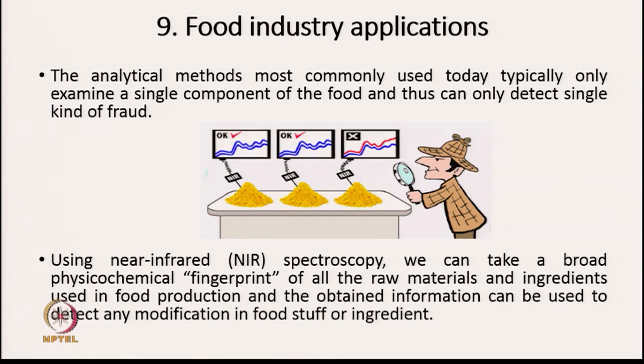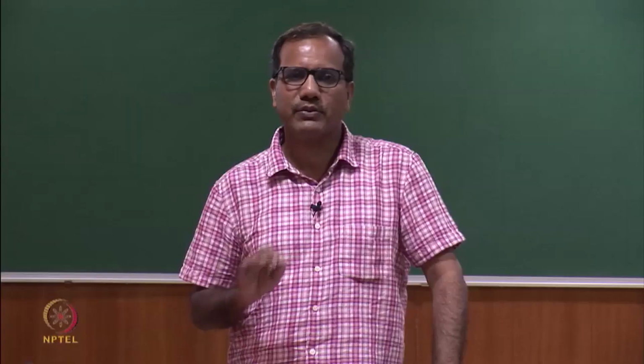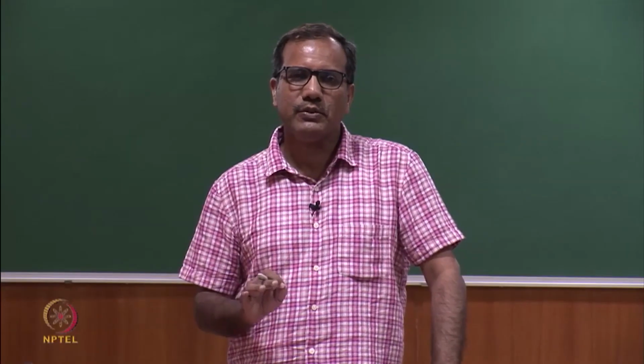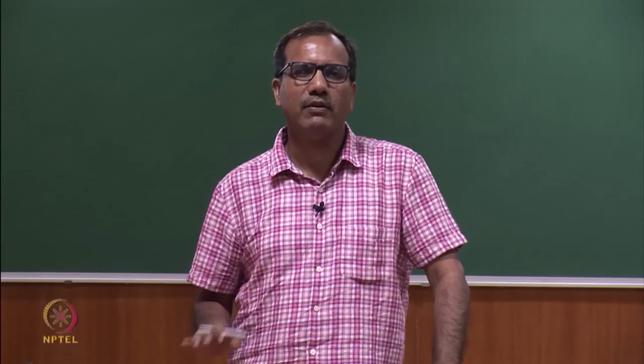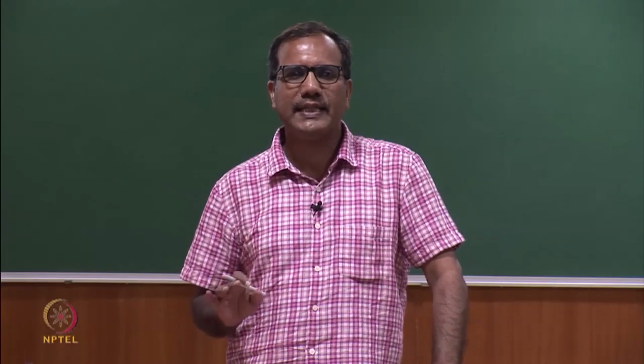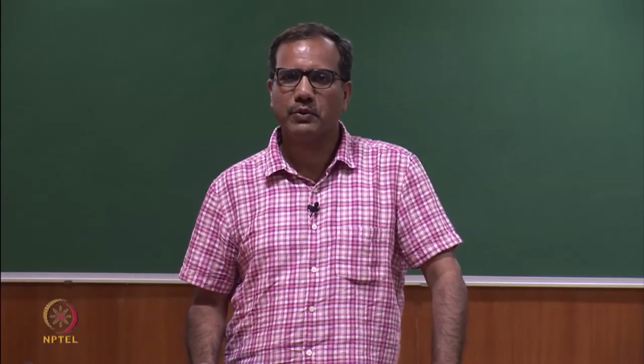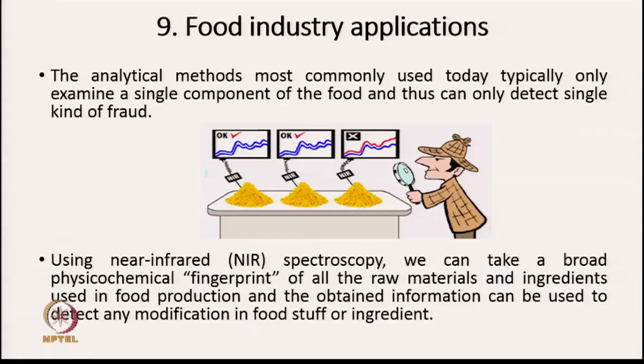Other analytical methods can only detect a single component, whereas near-infrared IR spectroscopy can be used to get a physicochemical fingerprint of all the raw materials and ingredients used in food production, and thus in one go we can detect any modifications in the foodstuff or ingredient.